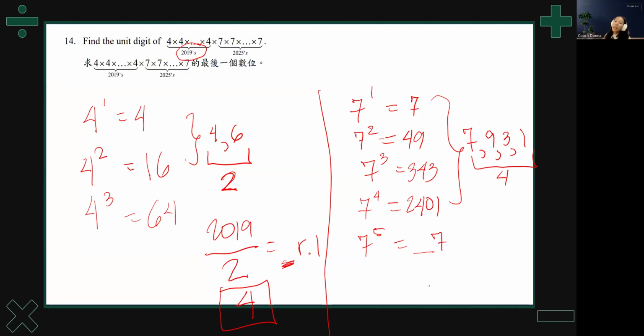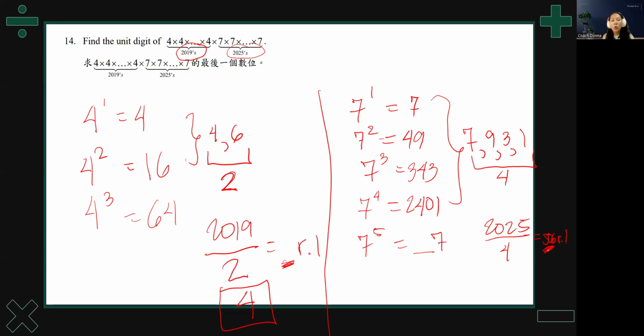So for 2025 times, we divide it by 4. You'll end up with 506, a remainder of 1.